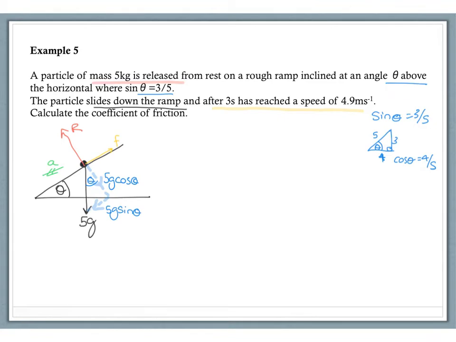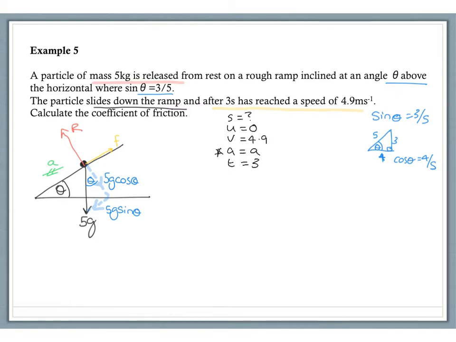And if we know we're dealing with constant acceleration, we can use one of the constant acceleration equations. Sometimes people call them the Suvat equations. So I'm going to write down everything that I know. I don't know how far it's travelled. I know it starts at rest, so initial velocity is 0. Final velocity is 4.9. Acceleration is what we're trying to find out, and the time is 3 seconds.